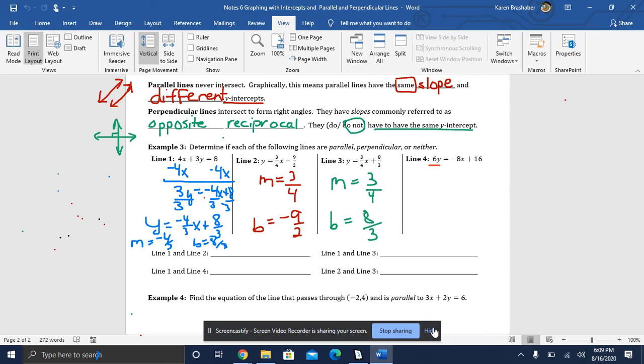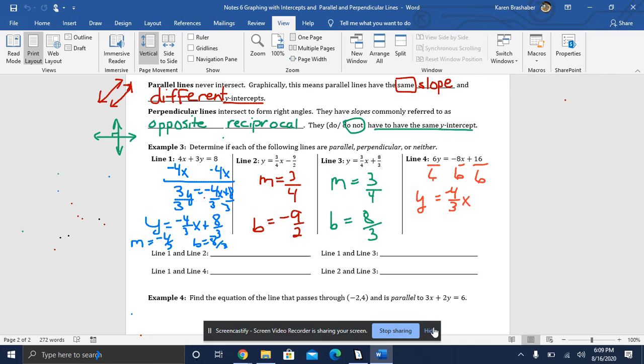We're pretty close. We just have to divide everything by 6. That gives us y equals negative 8/6. Although that doesn't divide evenly, we can reduce that. We can take 2 into each one of those numbers. Negative 8 divided by 2 gives me negative 4, and 6 divided by 2 gives me 3.